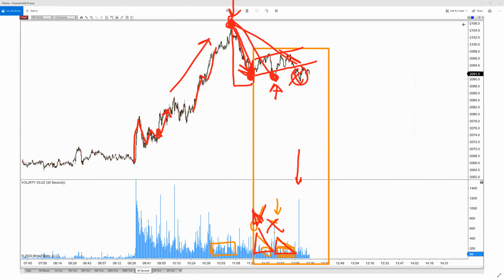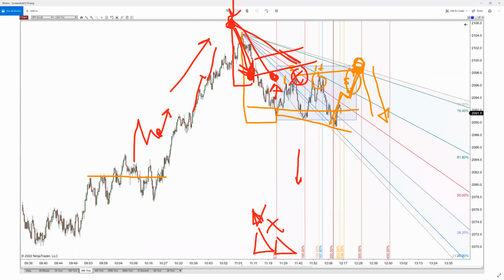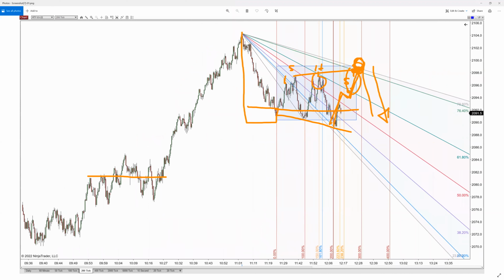So the way that we made our adjustment on Thursday, and again, we did this live, I took the fib fan annotation and moved it to that second low.